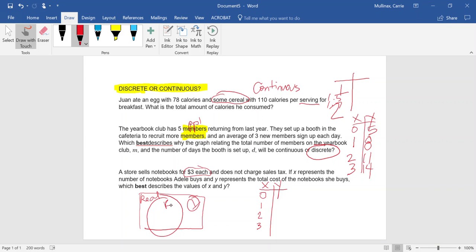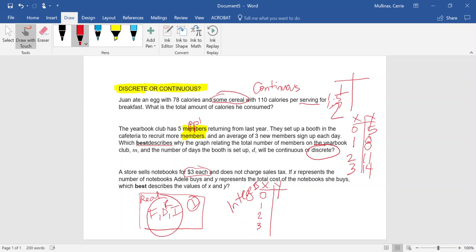And rational numbers include all fractions, decimals, and integers. So we need to be more limited here and say, because you can't buy half a notebook or 1.5 or 1 2/3 of a notebook, we can only use integers greater than or equal to 0 for X.